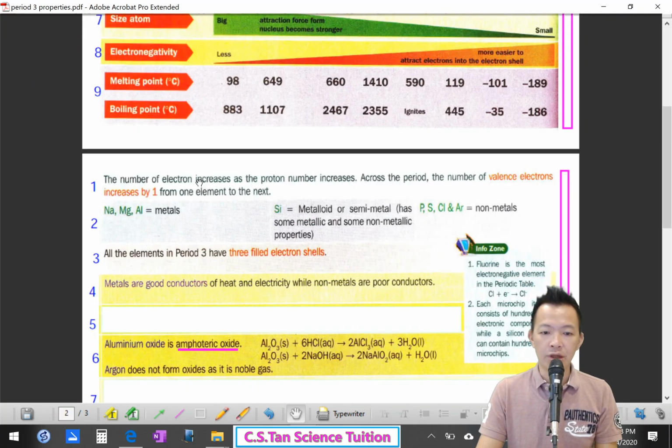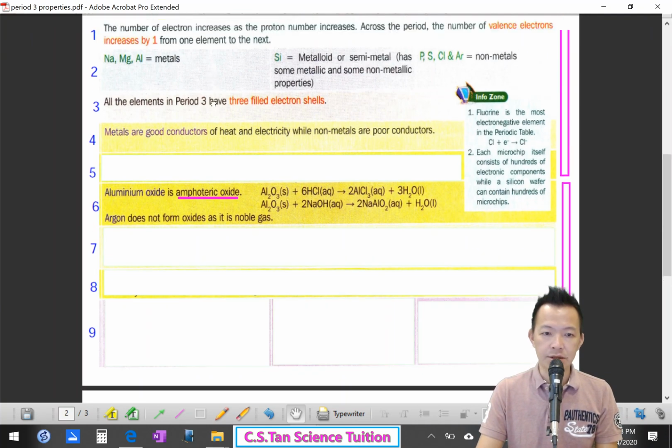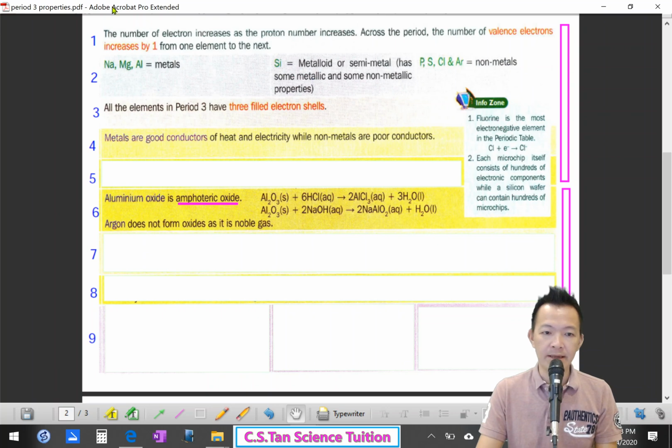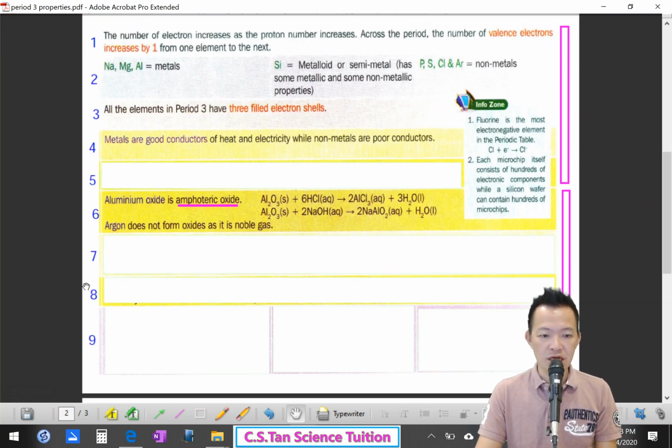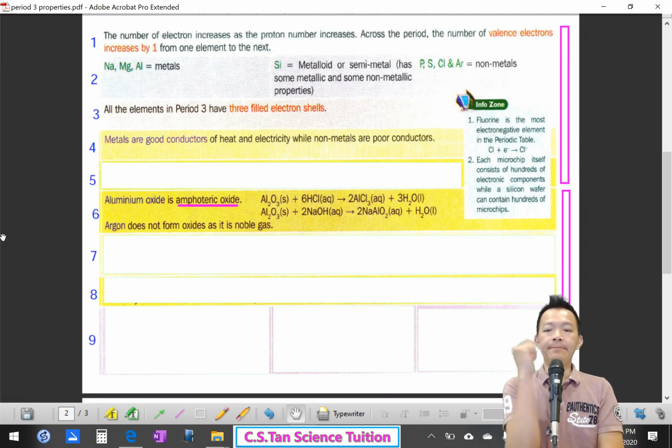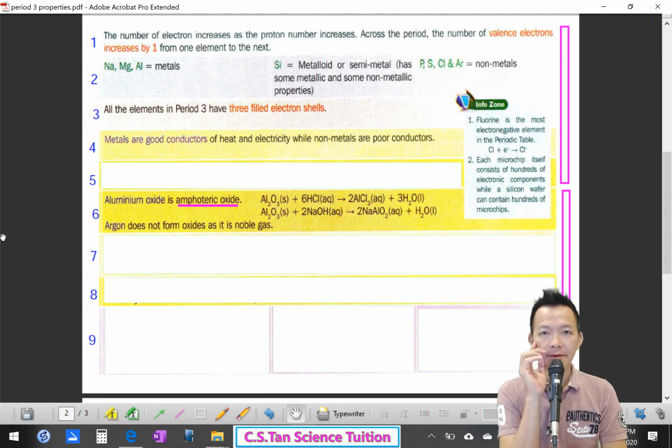So now label on page number 20. The explanation is here, 1 to 9 all set, right? Very good, respect. Okay, so now I go one by one.